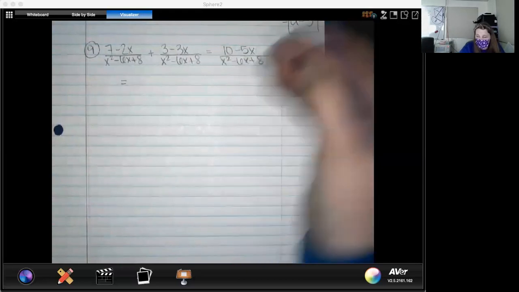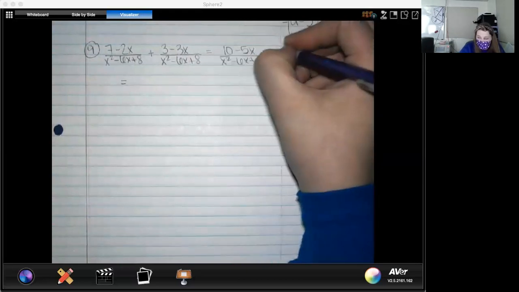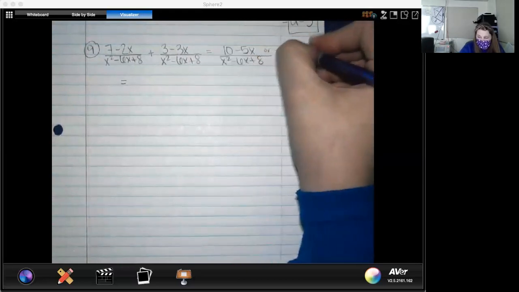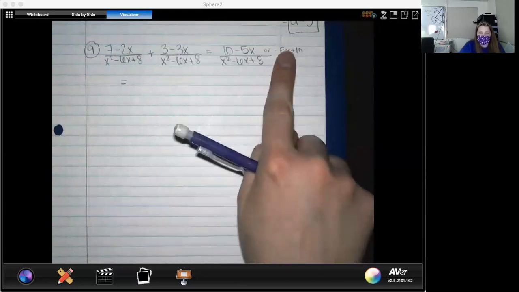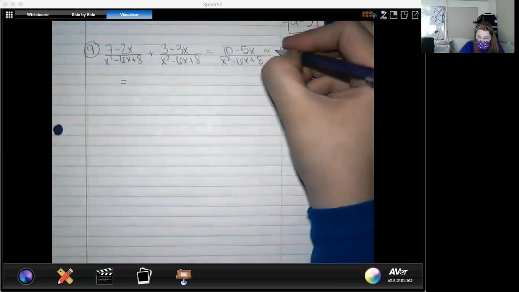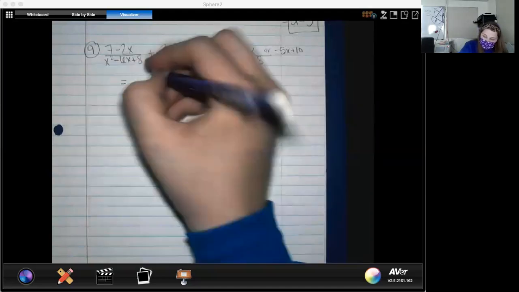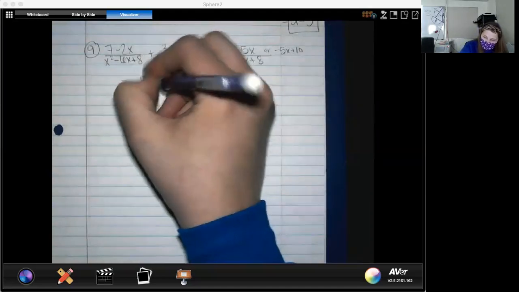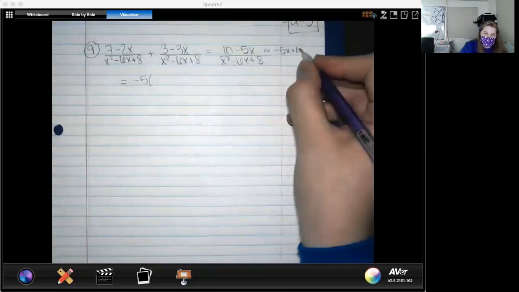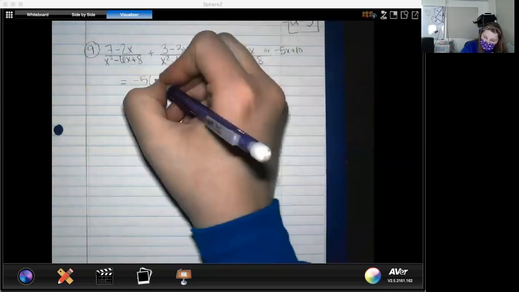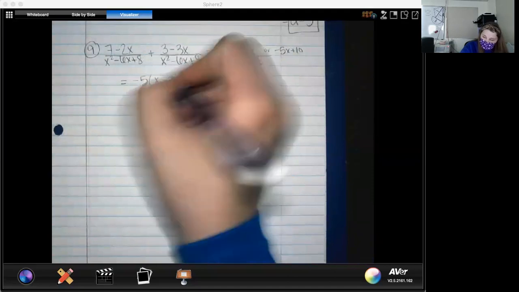Now, you could have also written it as negative 5x plus 10, doesn't matter, as long as the negative was still with the 5x. If we take out a negative 5, I'll go ahead and rewrite it as the second portion, we would get x minus 2.